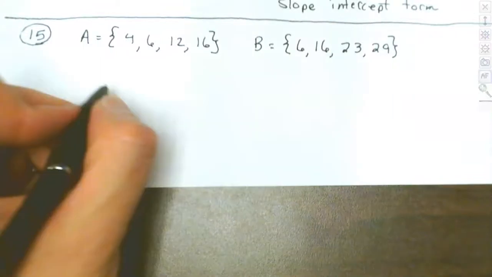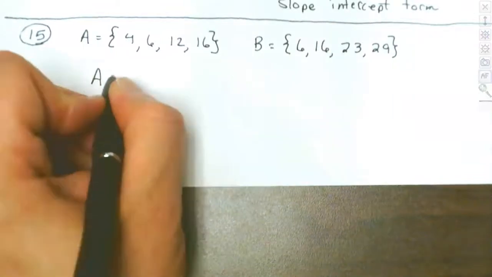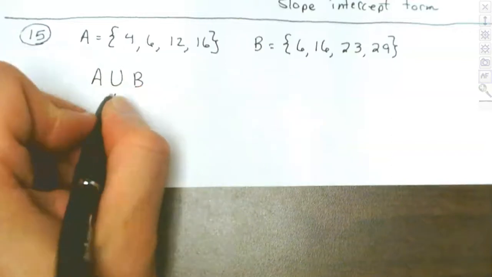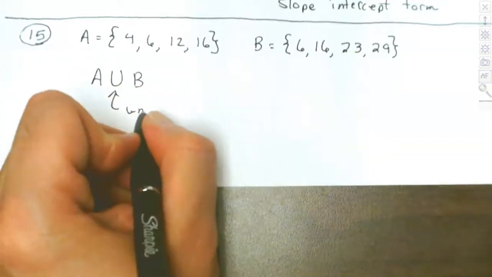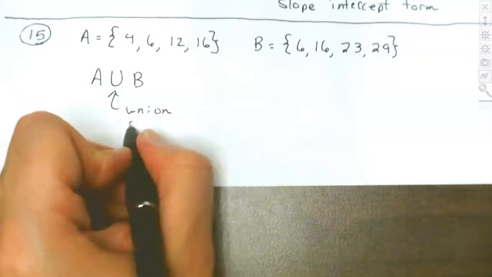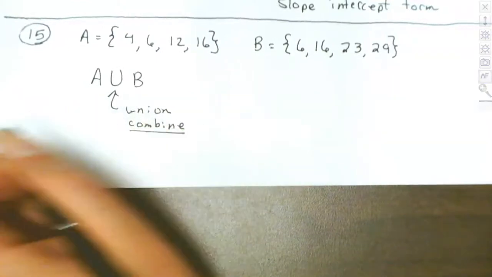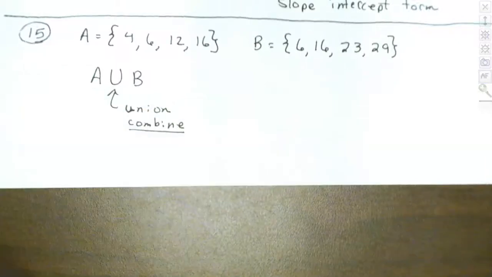And we want to find A union B. And that's a union, and that means we combine them together. Remember, we talked a little bit about unions when we did our inequality. Union is like a marriage. Everything gets combined together. So when you marry someone else, your belongings get combined.